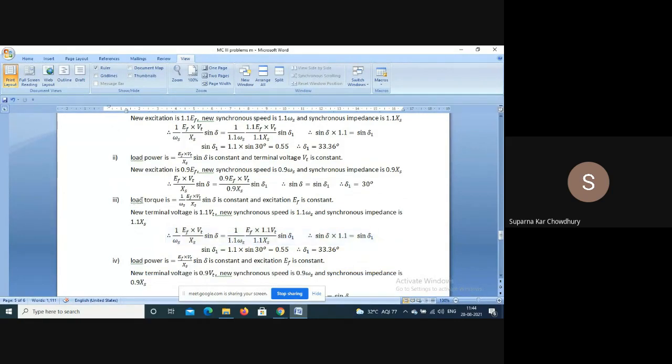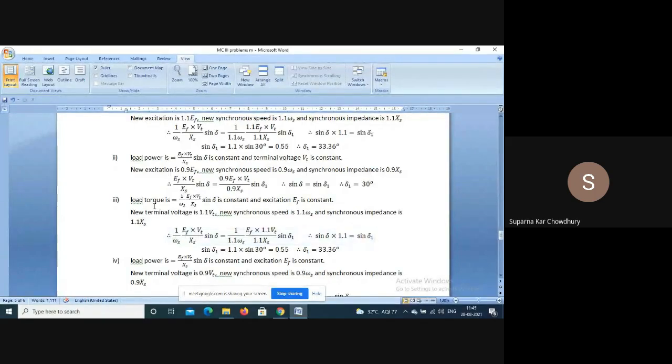It will remain constant. That is obvious because of your power expression here. Now next one is again the load torque is constant and excitation is constant. Here terminal voltage was constant, now excitation is constant. So new terminal voltage is increased by 10%. So the new terminal voltage will be 1.1 Vt. New synchronous speed is 1.1 omega s, and synchronous impedance is 1.1 Xs.